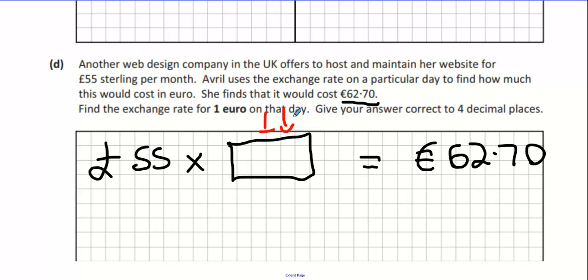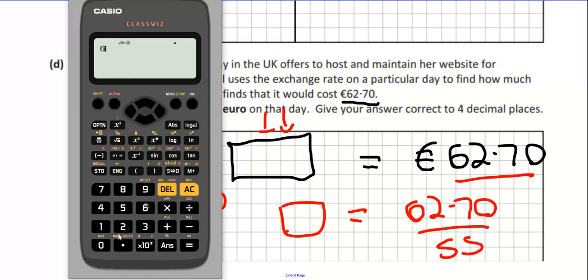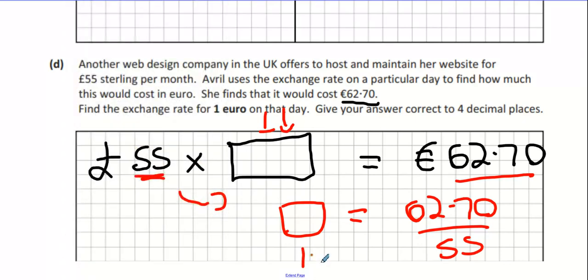This number in the box, bigger or smaller than 1? What do you reckon? How do you know it's bigger? 62 is bigger than 55, so whip the 55 underneath and then do €62.70 divided by 55. What do you get? €1.14.